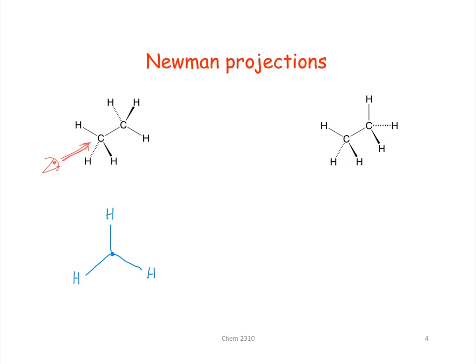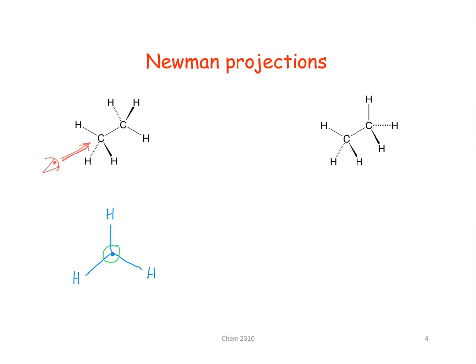Alright, so I'm going to draw the carbon back in green because I had green atoms on my model. The carbon in the back, we're going to cheat a little bit because it would be right behind it. We wouldn't be able to see it. So we're going to draw it a little bit bigger, and we're going to draw it as a circle.